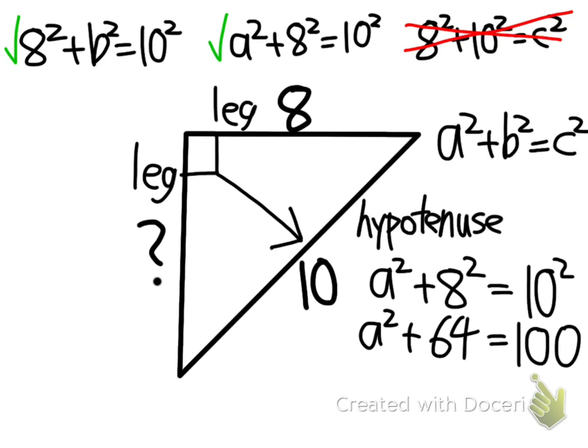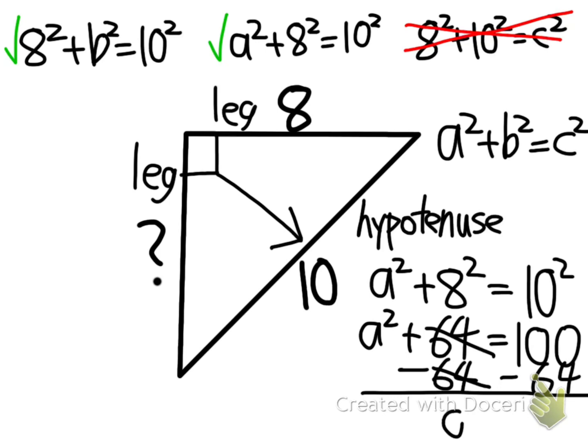Secondly, because it's a leg we need to find, we subtract the 64 from both sides of the equation, leaving us with this equation. A squared equals 36. I'll write it up top as well so it's more visible.